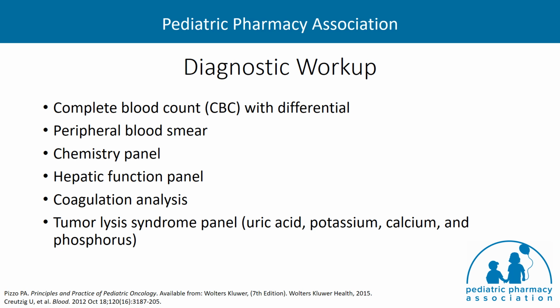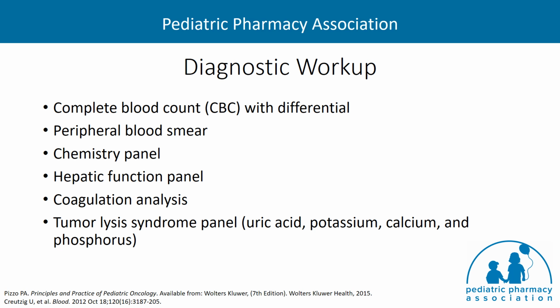Based on the symptoms that we discussed earlier, a CBC with differential will be sent off in the initial set of labs, as well as a peripheral blood smear to gain some insight into how the bone marrow is functioning, likely showing us irregularity in the cells that it's producing, with the peripheral blood smear giving the laboratory specialist an opportunity to take a look at the blood sample under a microscope and analyze those various cells.